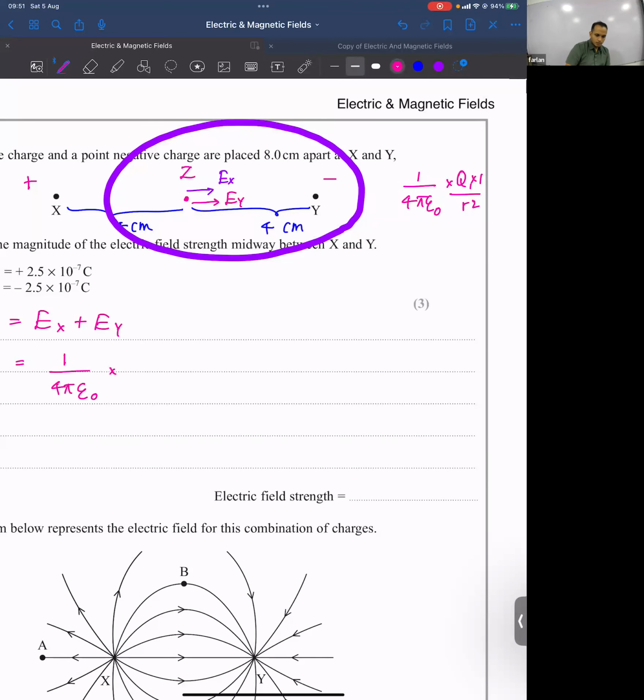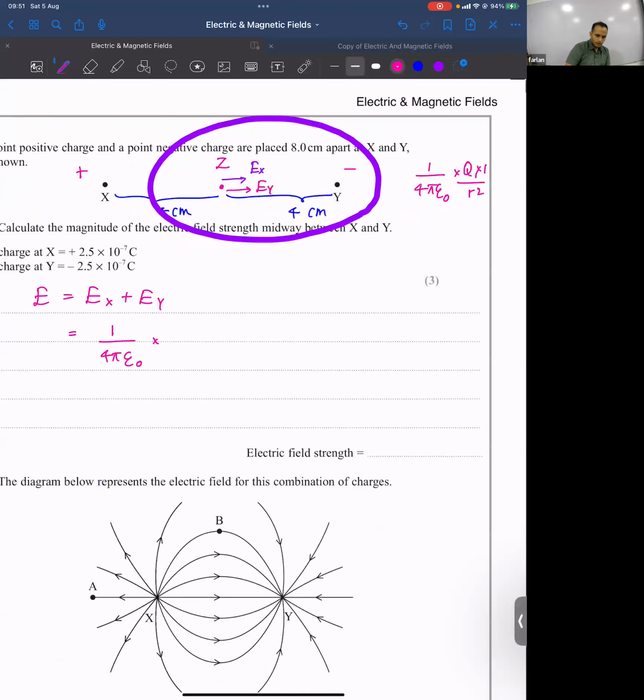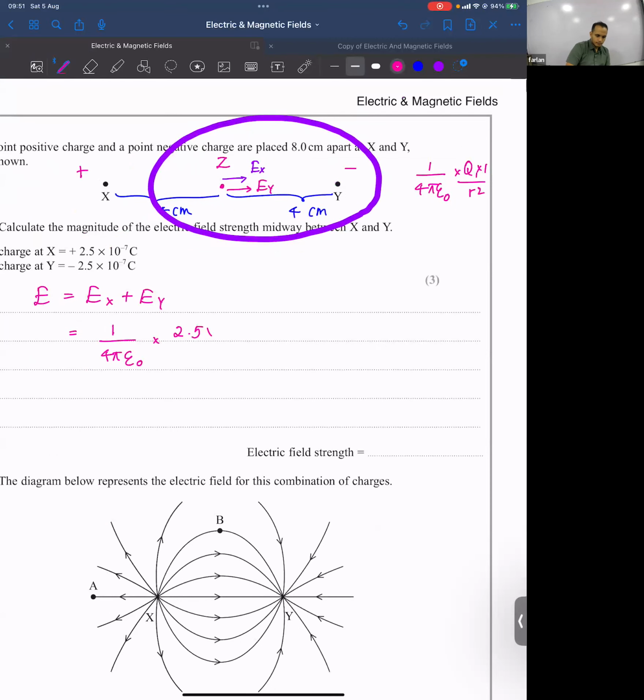The charge X is how much? 2.5 into 10 to the power minus 7, into the charge at Z, which is 1, over R square, where R is 4 centimeters, 0.04 square.